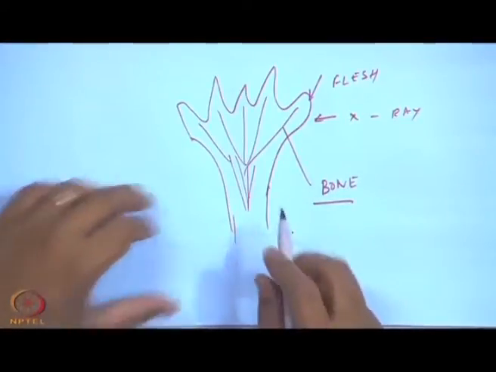So, the penetration of these X-rays depends on a couple of things, and that is the power of the X-ray, in terms of the distance from the X-ray source to the material, in terms of the time of exposure of this material to the X-ray waves.